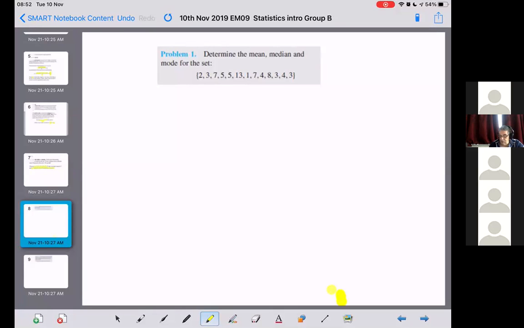Oh dear. We shan't write them all out, but the sum of x is equal to 65 when you add them all up. So x bar is 65 and there's 13 in the set, which is, as you rightly say, 5.